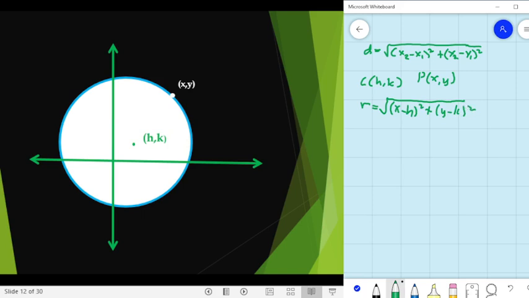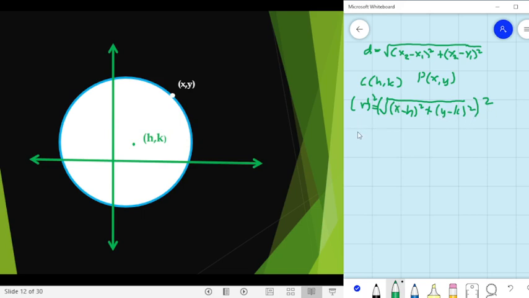Okay, and to simplify this equation, we are going to eliminate the square root symbol by squaring both sides. When you square a square root, the square root and the square cancel out.